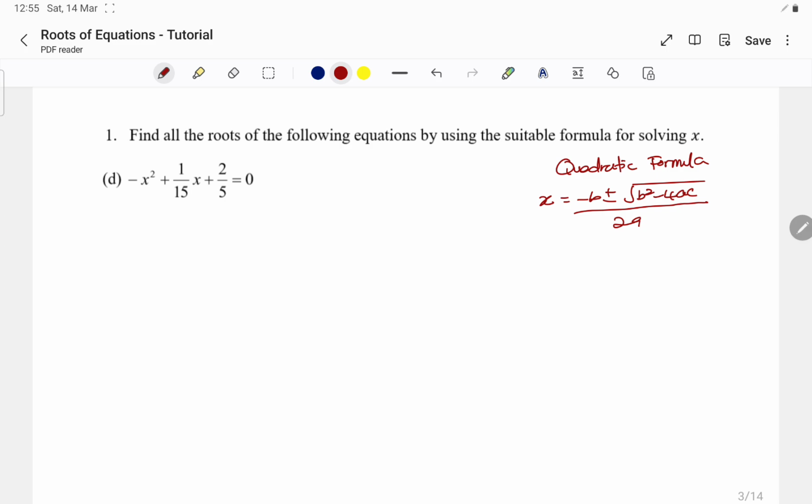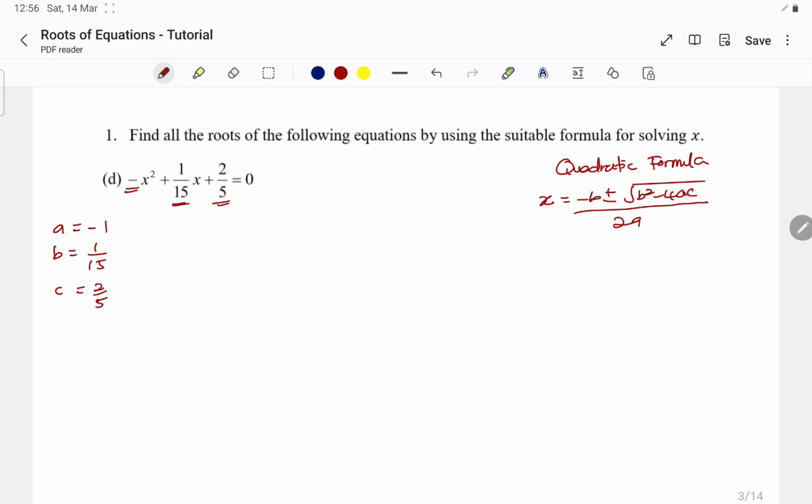So what you have to do is find from your equation what is a, what is b, what is c. We list down a first, which is -1, our coefficient. b is equal to 1 over 15, which is here, and then c is equal to 2 over 5.